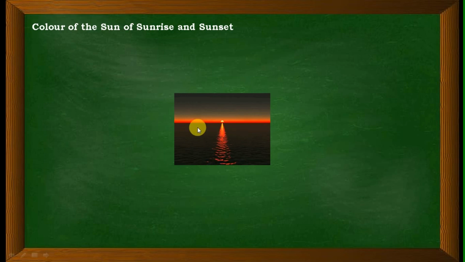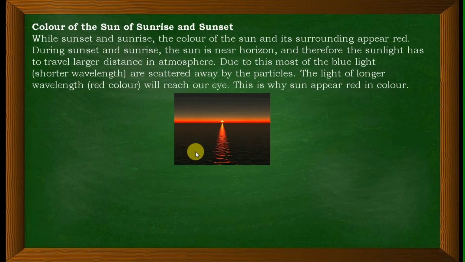Whereas when sunset and sunrise, the color of sun and its surrounding appear red. During sunset and sunrise, the sun is near horizon. This is the horizon, right? So your sunset and the sunrise, where is the sun, it is near the horizon, right? When it is overhead, it does not turn red. Exactly when it is in the horizon or near to the horizon, you see the red color appears, right?